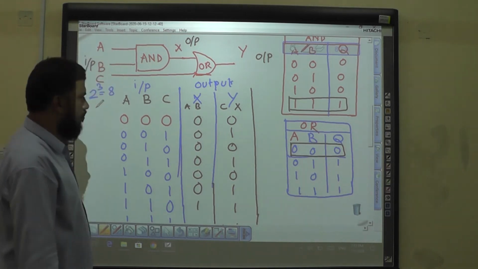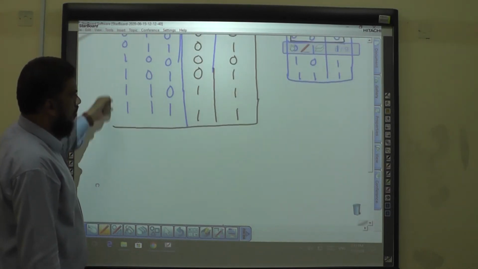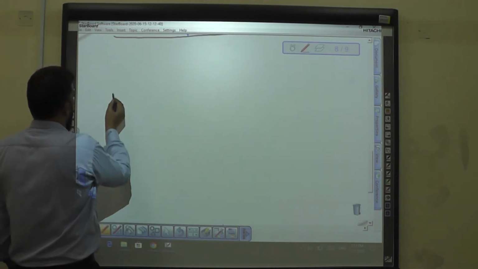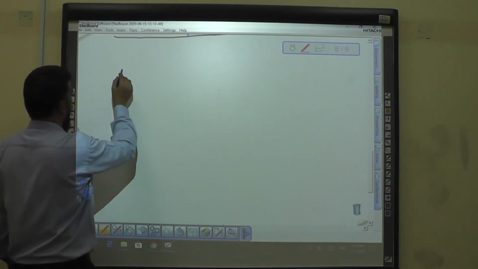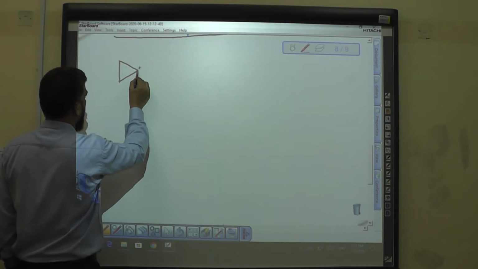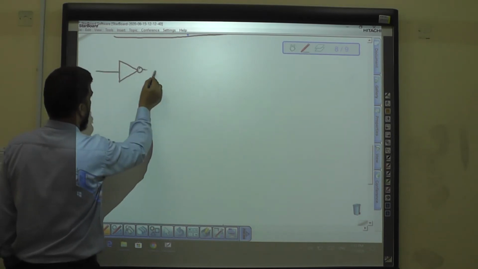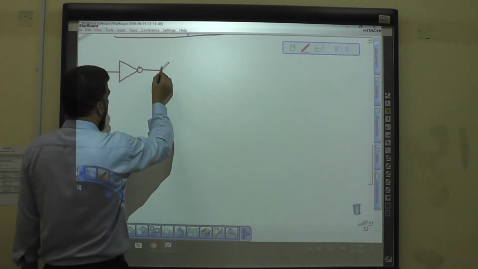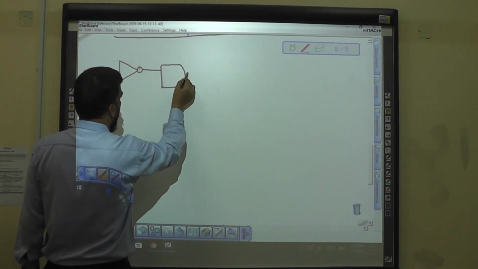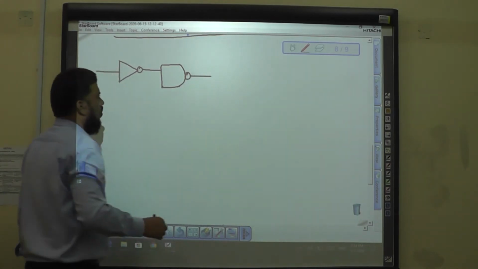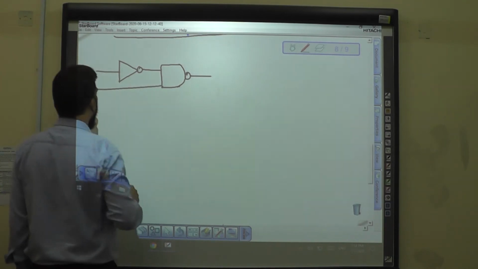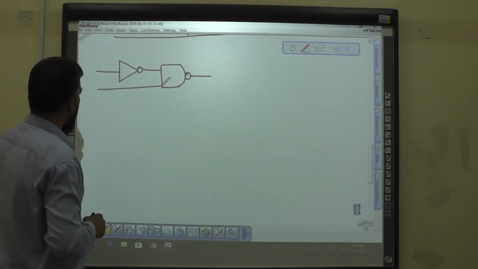I will take one more example. Remember logic gates. What is this? NOT gate. This NOT gate is given to a NAND gate, and one input is from the input side.